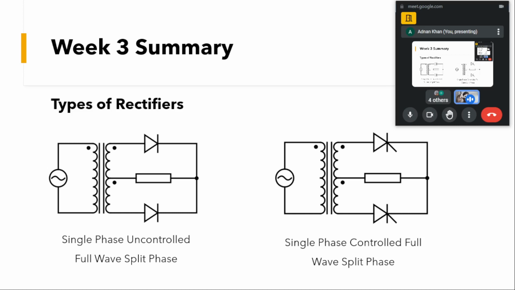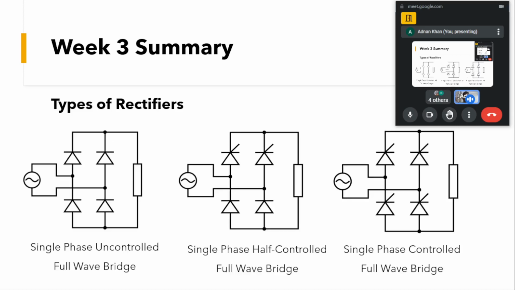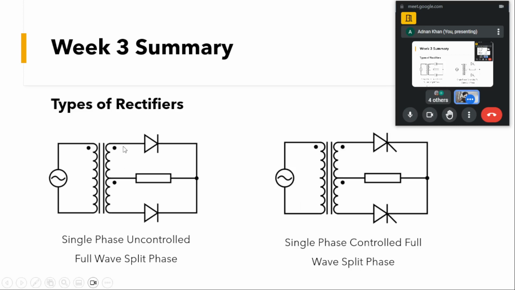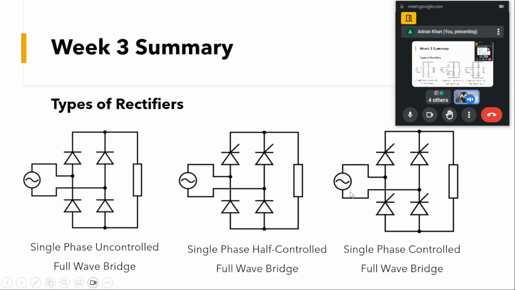That's why this is a single phase controlled full wave rectifier. And you can see that here a transformer is being used to have this full wave rectifier. I think these topologies are not that much used in practice.